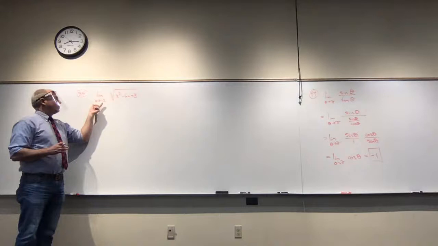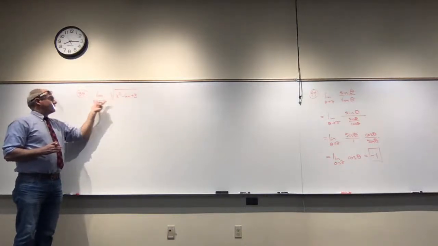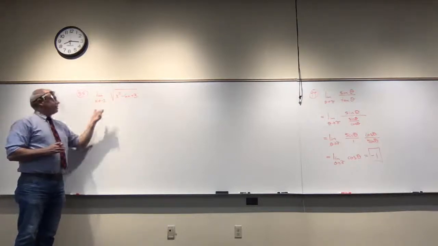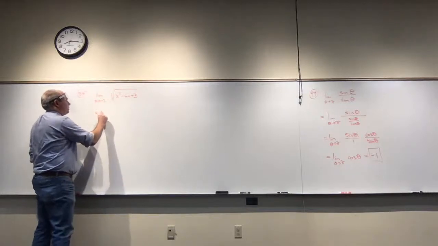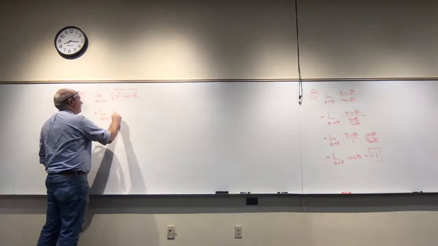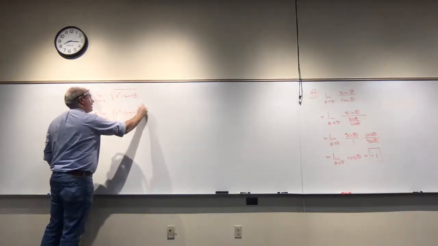But one thing that we know is that limits can move inside and out of powers. So this is really just a power. It's just the limit as x goes to -2 of x squared minus 6x plus 3 to the 1/2 power.